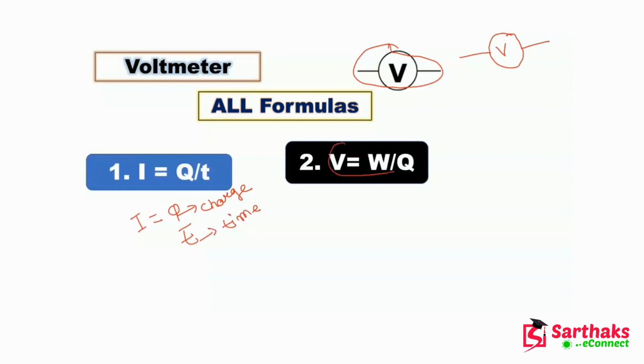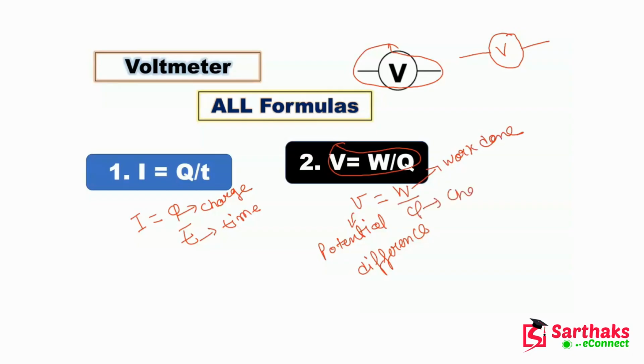And in this formula, V is potential difference, W is work done, and Q is charge. Okay, guys, I hope you get my point.